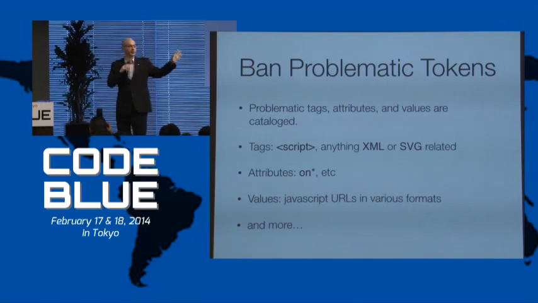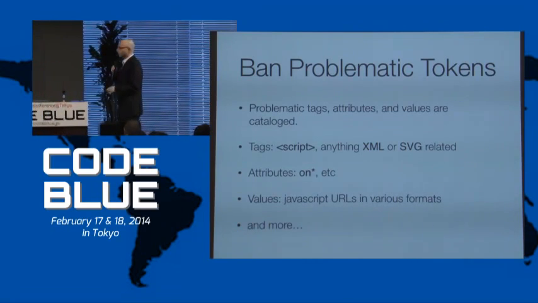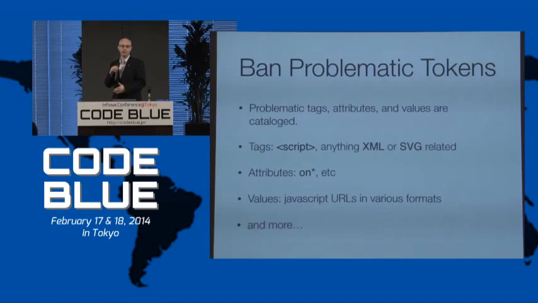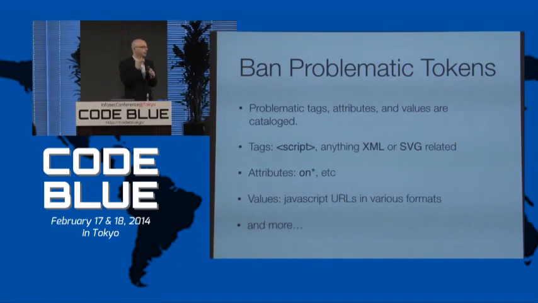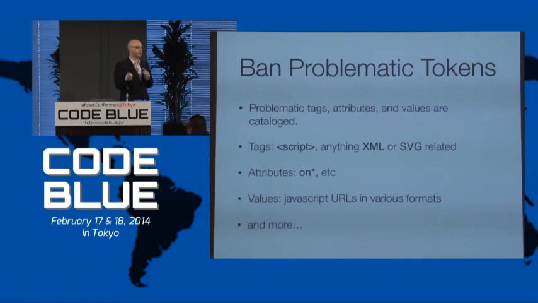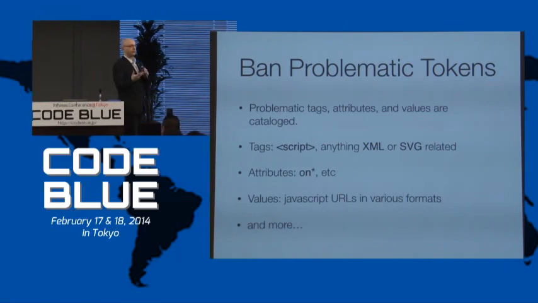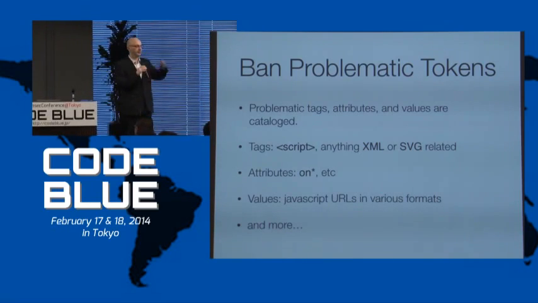URLs that are JavaScript, ban those too. The idea is this gives much less false positives because you're using the structure of HTML to detect things. Like onerror by itself won't be banned. It has to be part of a tag and a system to work.